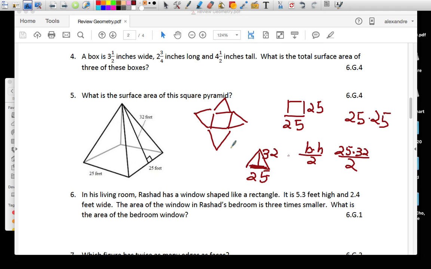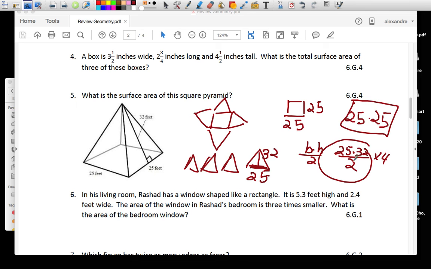I would do that 4 times because there's 1, 2, 3, 4. You can just find whatever that is and multiply by 4 because there's 4 triangles. Make sure you add whatever you get here to the answer of that as well, and you get your final answer.